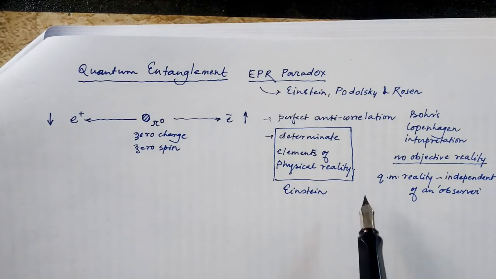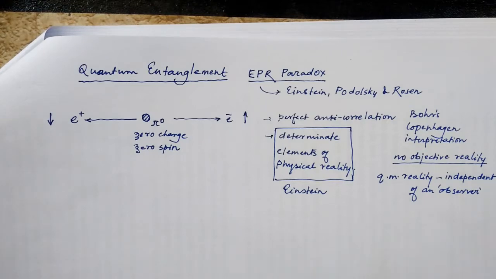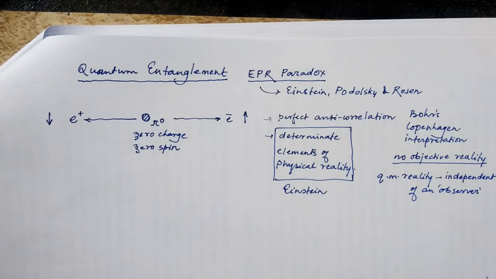The present formulation of quantum mechanics has only a probabilistic value for this spin. So this faster than light communication really doesn't mean anything. It's out of the question.